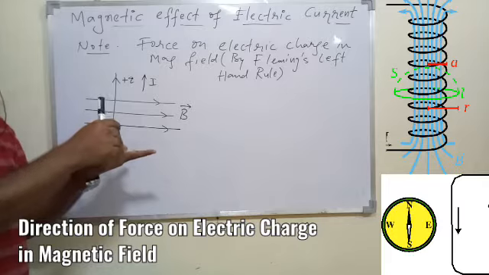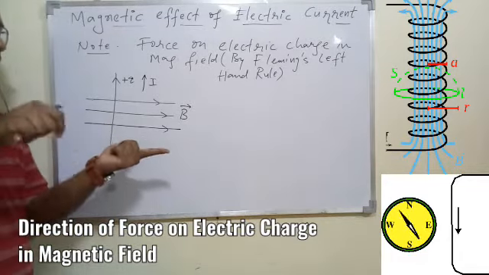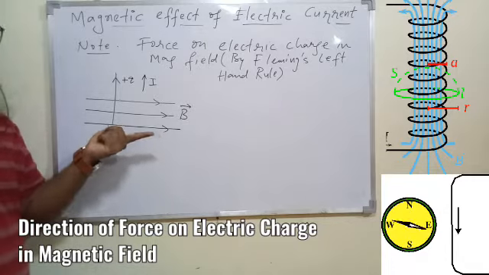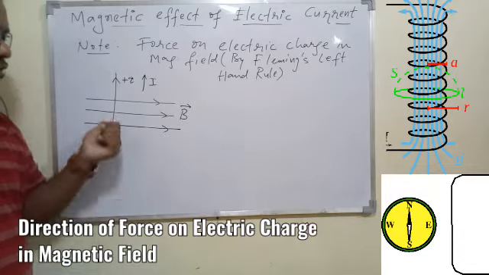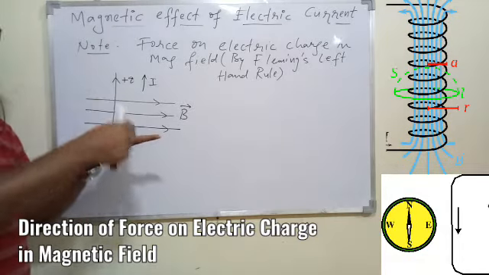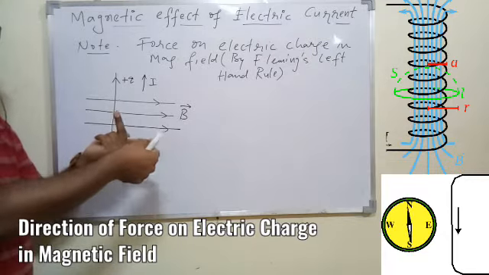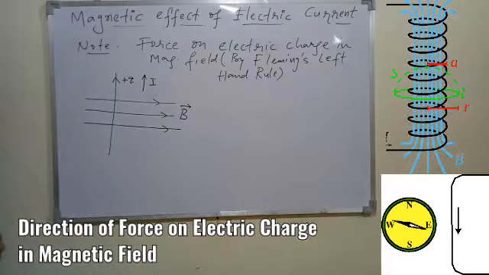We got the current in upward direction, we got the magnetic field this side, and again you can see my thumb is pointing towards the board. So we understood the force will be given to the electric charge towards the board. I will repeat it again: current, center finger magnetic field, and thumb will show the direction of force. So according to this, the force will be inward.